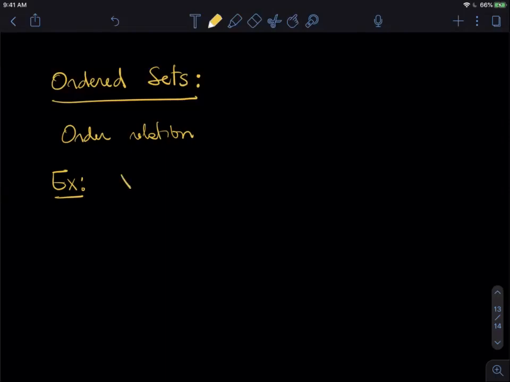For example, let's say I give you the sentence, X is larger than Y. So you can say a car is larger than a pen.